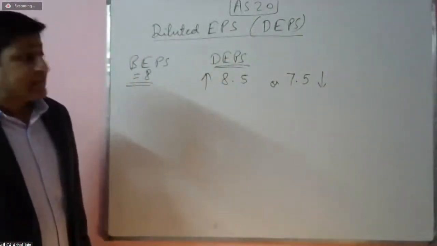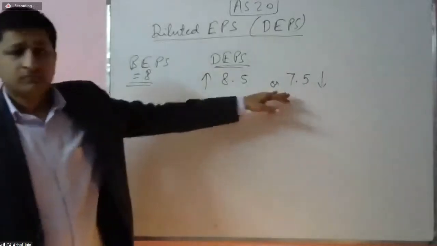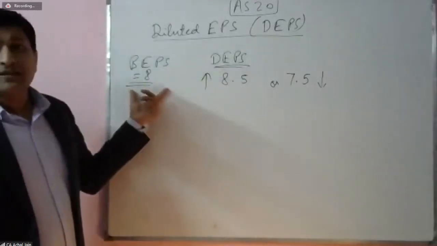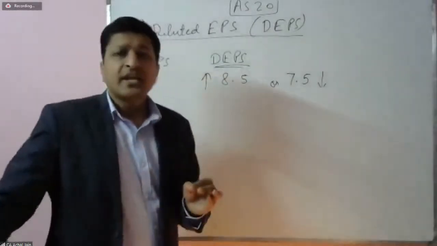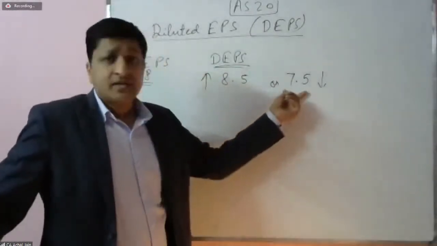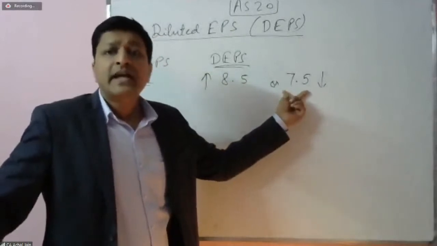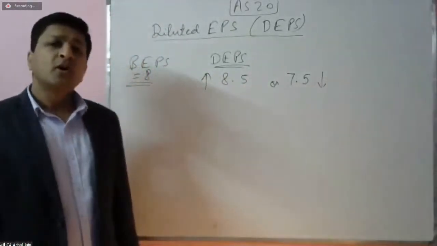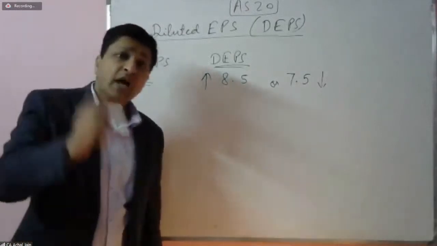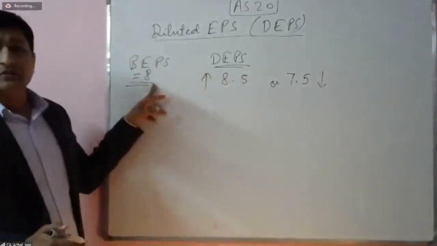In case the EPS goes down, is lower than basic earning per share, in such a case, we will call this EPS as diluted earning per share. And why do we call it as diluted earning per share? Because now the EPS has got diluted.